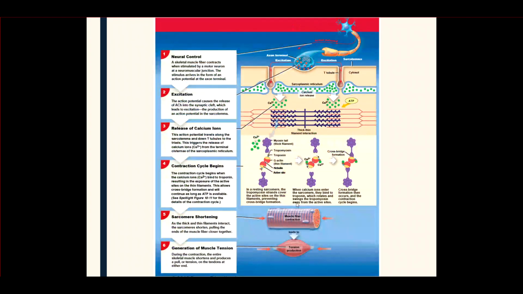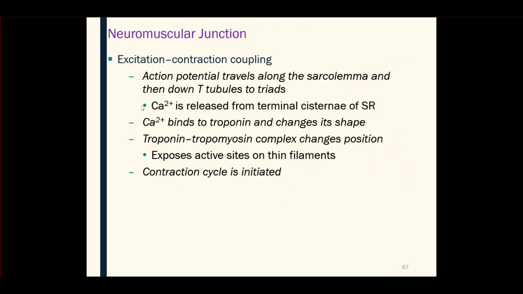So let's go back over the notes for a second. Okay. So here everything is written. The action potential travels along the sarcolemma, and then it has to go down the T-tubules, down to where the triad is. Once that electrical signal gets down the T-tubule, the next important thing you need to know is calcium is released from the terminal cisternae of the sarcoplasmic reticulum.